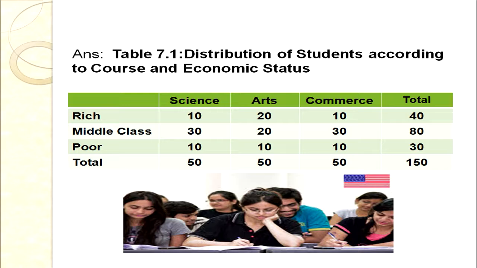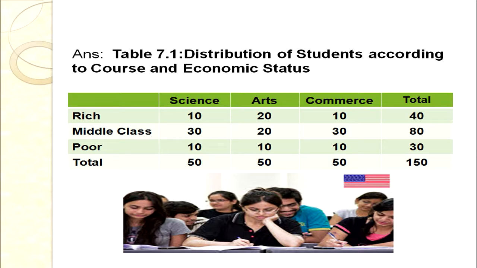We have summed up the course and economic status. Now we have given the title to the table, then we have drawn the table. You can see over here in rows we have economic status and in the columns we have given course status. So, rich, science, arts, commerce, total.